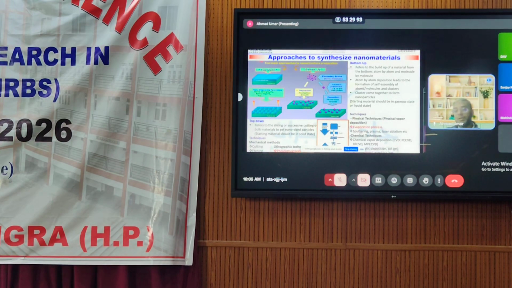There are so many techniques for bottom-up approaches, in two categories: physical and chemical techniques. In the physical techniques, there are, for example, the evaporation technique, sputtering technique, plasma technique, laser ablation, and so on. In the chemical techniques, we have chemical vapor deposition, hydrothermal deposition, pyrolysis, solvothermal, solution method, room temperature synthesis, and so on.